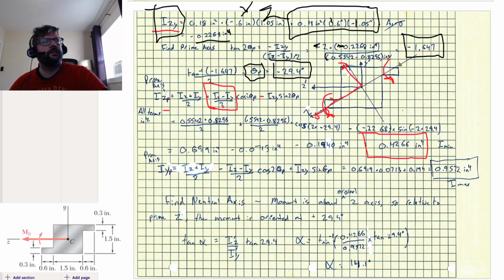This axis is oriented so that these protruding sections are as close to that axis as possible. Based upon that, we expect to see the I at a minimum there. Then we've got the opposite for our Iy prime.